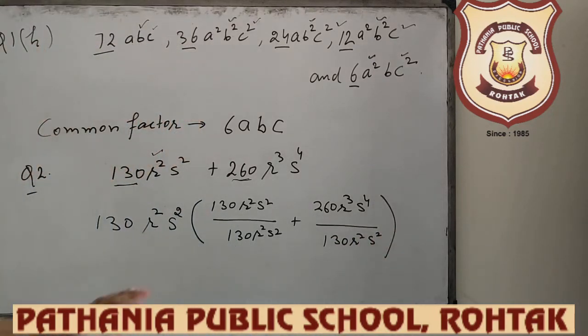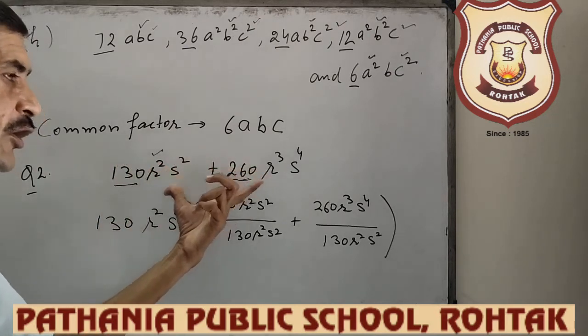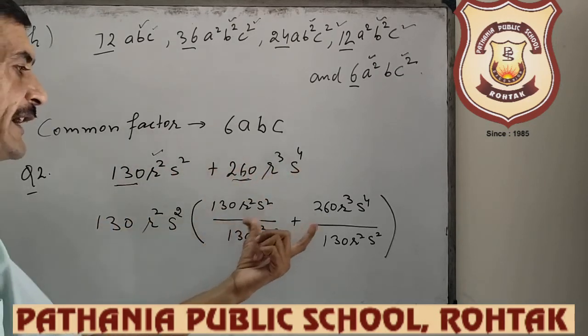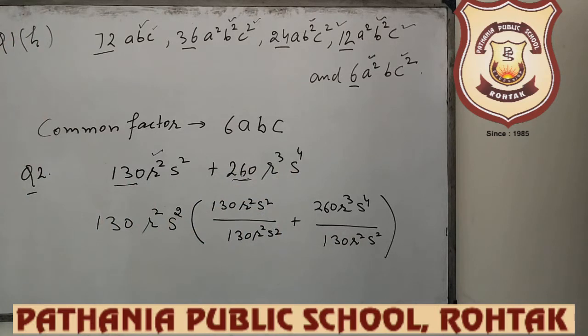Beta, whatever we have, take common. Common means जो दोनों में हो, टेक दैट आउट और उसी नंबर से दोनों टर्म्स को डिवाइड करो. दिस इज द रूल. आई एम राइटिंग हेयर लाइक दिस बट इन द नेक्स्ट क्वेश्चन आई एम डायरेक्टली डिवाइड.